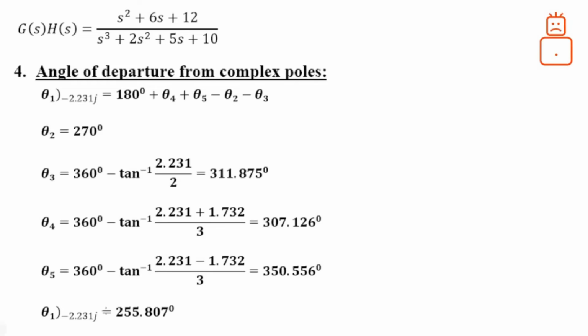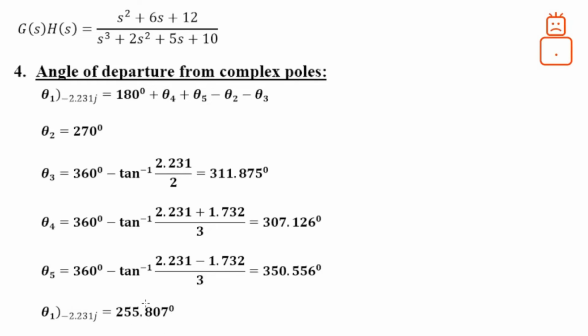If you compute these values and substitute in this formula here, you're going to find out that θ1 from this corresponding pure imaginary pole is 255.8 degrees.